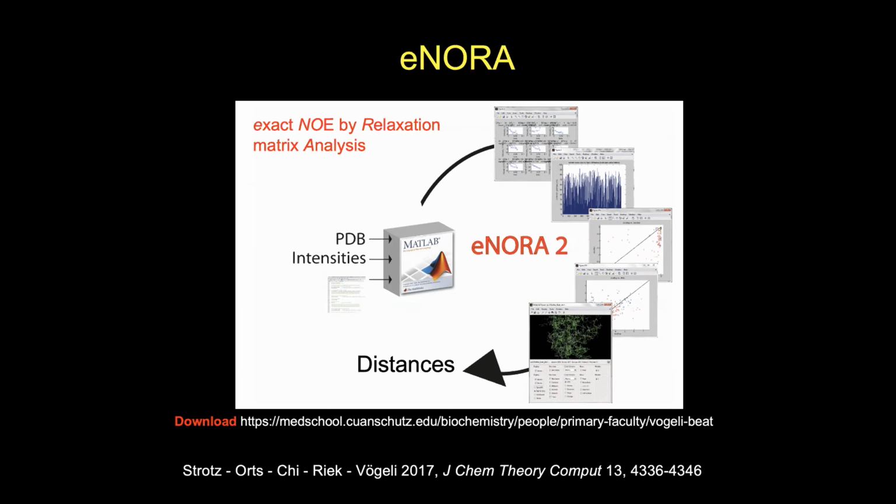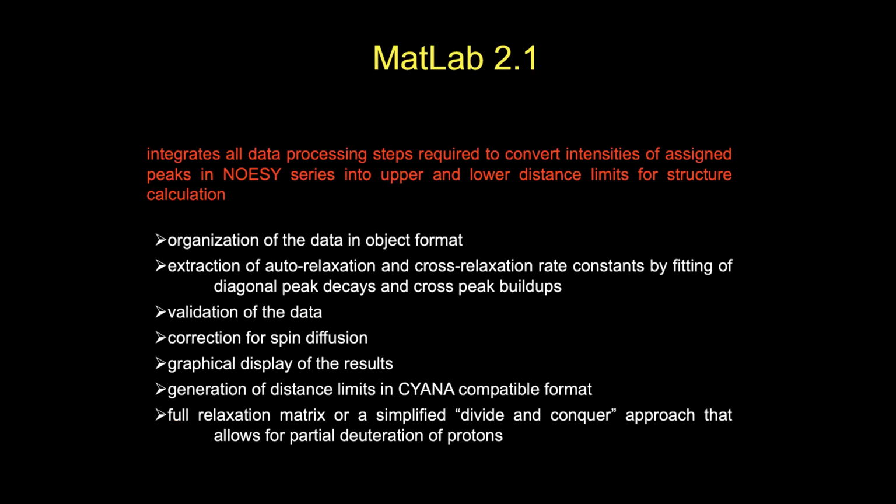Okay, now I'd like to explain a little bit how this one works. It basically integrates all the data processing steps, starting from converting these spectral intensities into structural restraints. This whole program is organized in an object format.